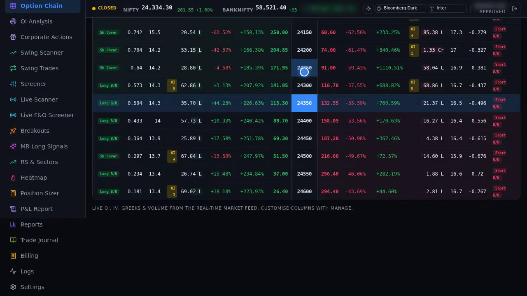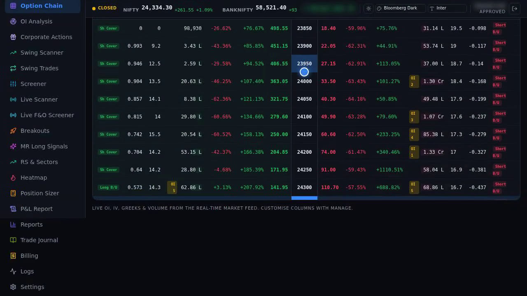Before we finish, let me save you some painful, expensive lessons, the mistakes almost every beginner makes. 1. Buying far out of the money options just because they're cheap. They're cheap for a reason, and most expire worthless. 2. Ignoring theta and holding too long, watching the premium bleed away day after day. 3.